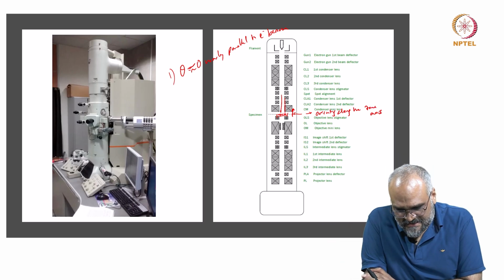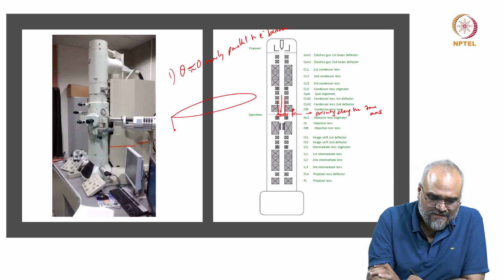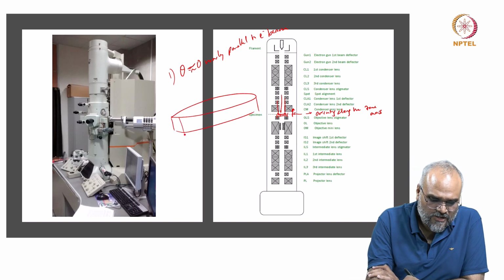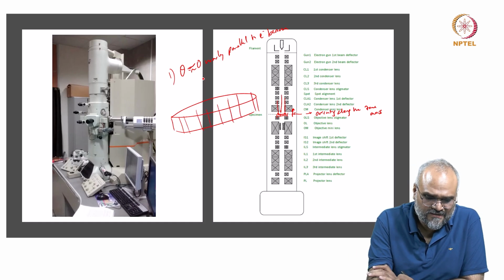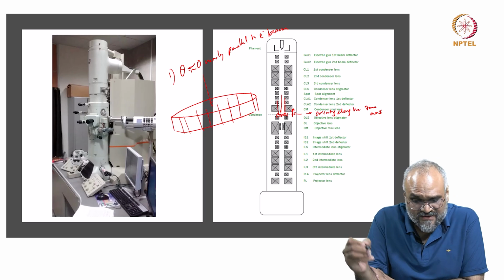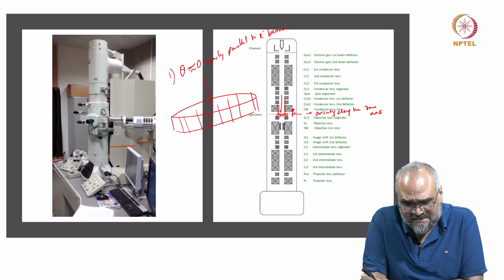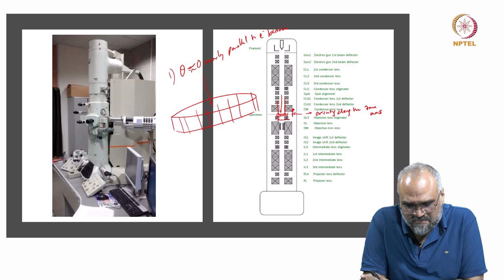This incident electron beam is like a cylindrical volume of interaction, and all the planes that are now satisfying Bragg's law are parallel to the electron beam. And if you recollect, within an objective lens, all the parallel rays going through the specimen converge at the back focal plane.